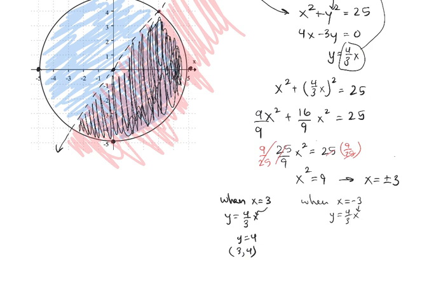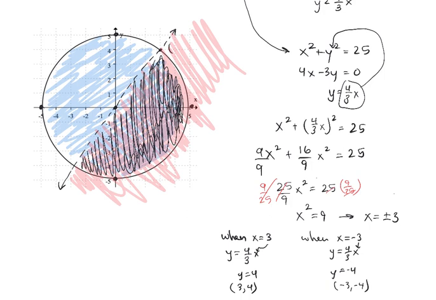If we plug the negative 3 in there, the 3's cancel, but the negative sign doesn't, so it's negative 1 times 4, so we get y equals negative 4, so the point is negative 3 comma negative 4. So those are the two. We have 3 comma 4, and here we have negative 3 comma negative 4.